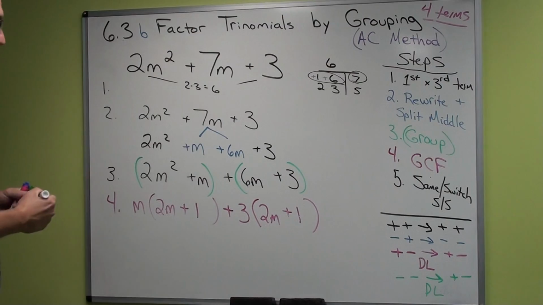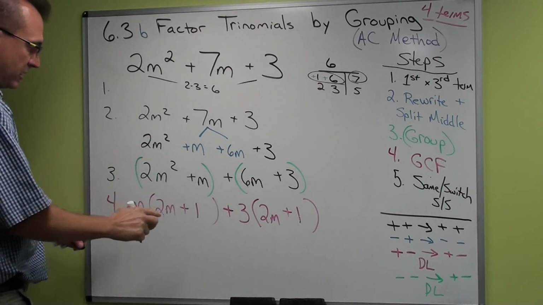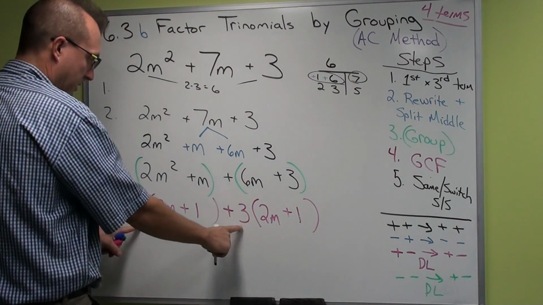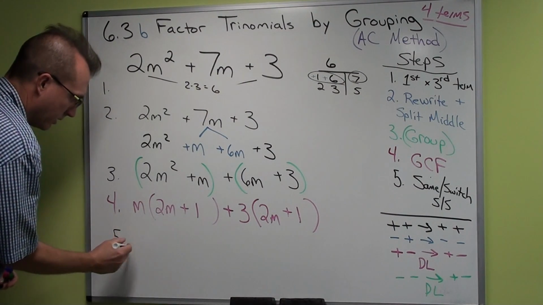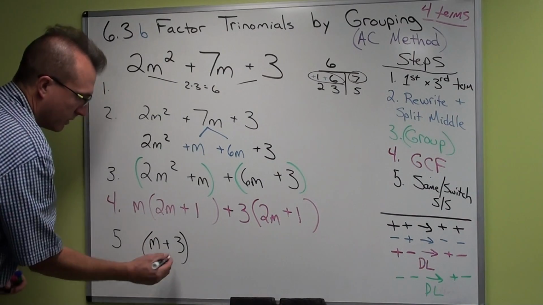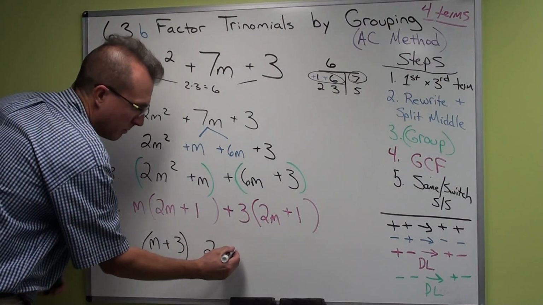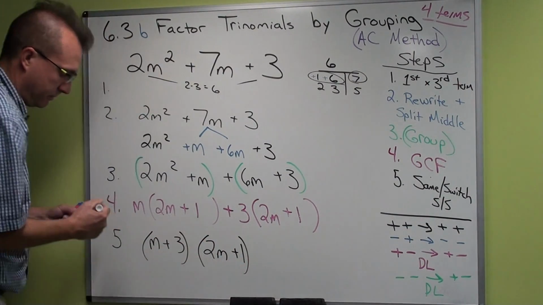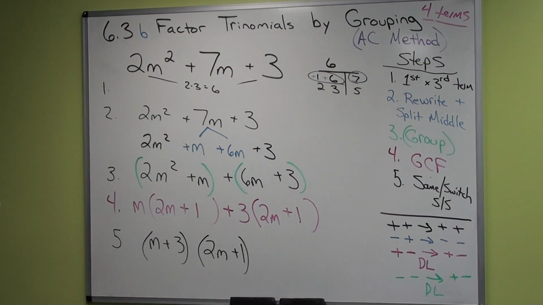And our last step is, if they're the same, we can switch them. Same switch. They're the same, so we can switch our partners. So it's going to be m plus 3 and 2m plus 1. Alright, so that's our first problem. If you need to pause it, please do so.